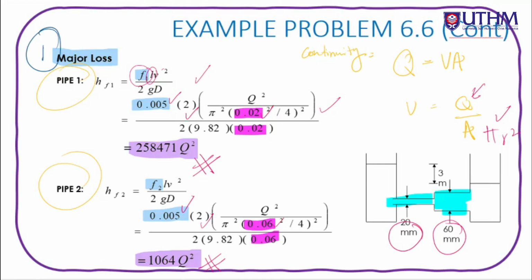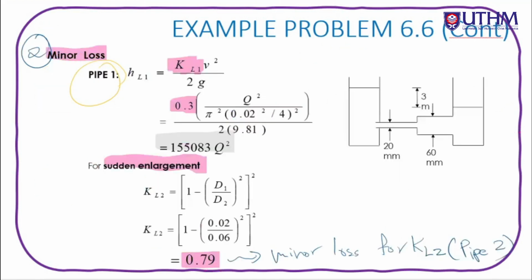Kita baru dapatkan major losses, and then kita kena dapat the minor losses pula. Minor losses macam saya cakap tadi, ada 3 tempat. 1, 2, 3. Waktu dekat dia punya entrance, waktu dekat dia punya sudden expansion, dengan satu lagi dekat dia punya exit. Kan? Alright. So untuk yang pertama adalah dekat dia punya entrance.